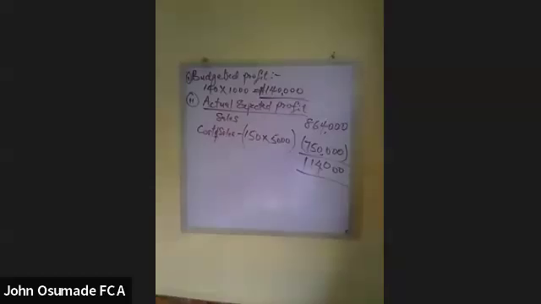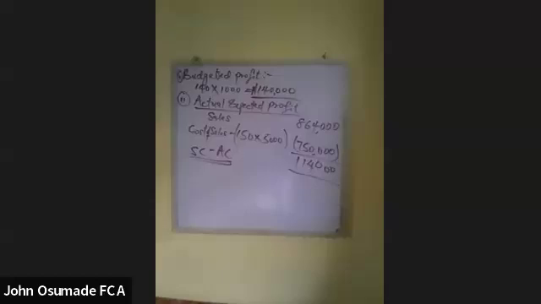The standard cost will be flexed with the actual quantity. Then we will minus it from the actual cost. So having done the sales, we want to look at cost.